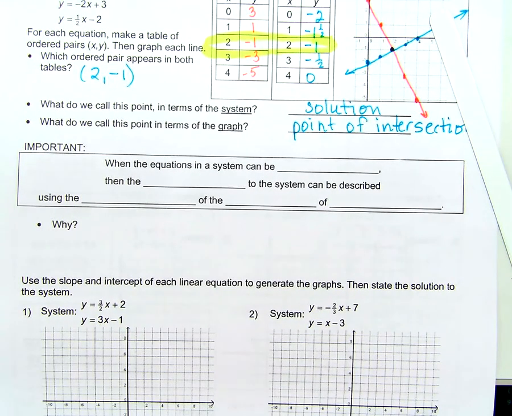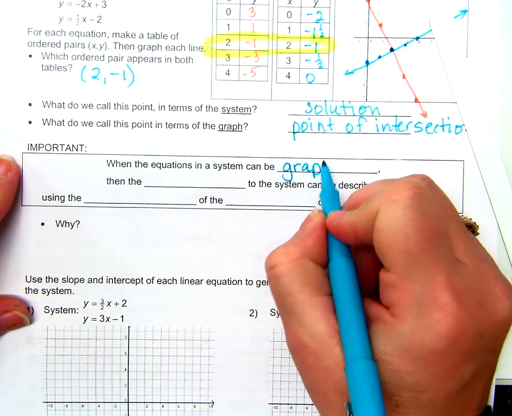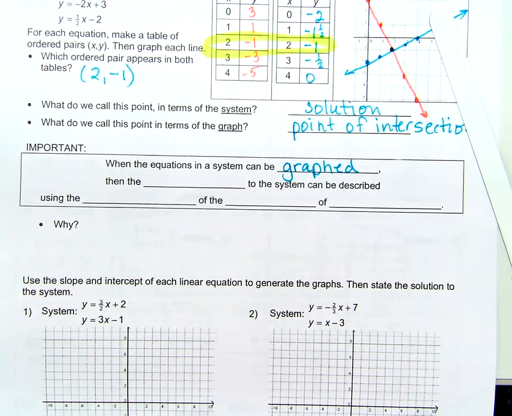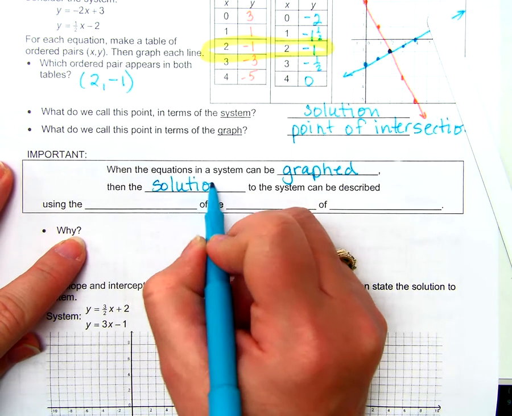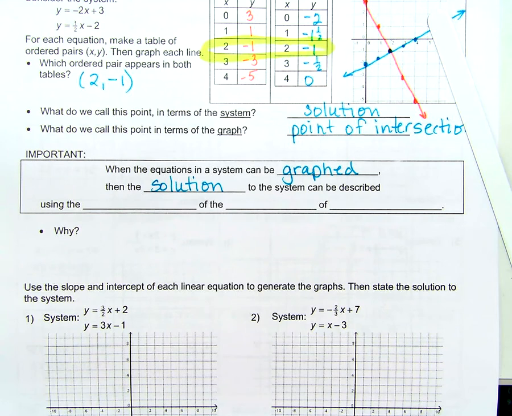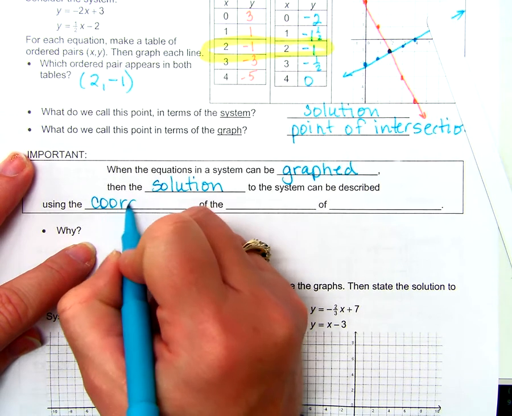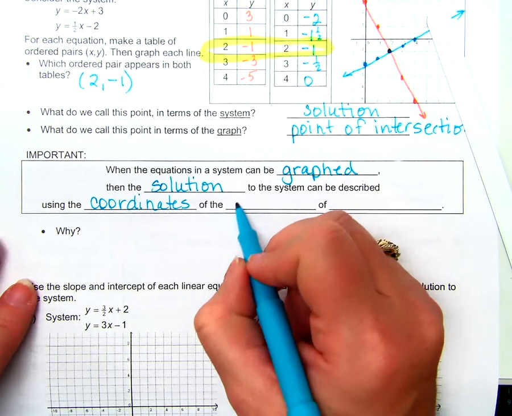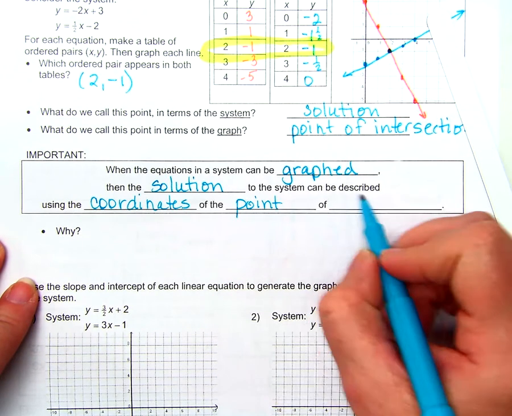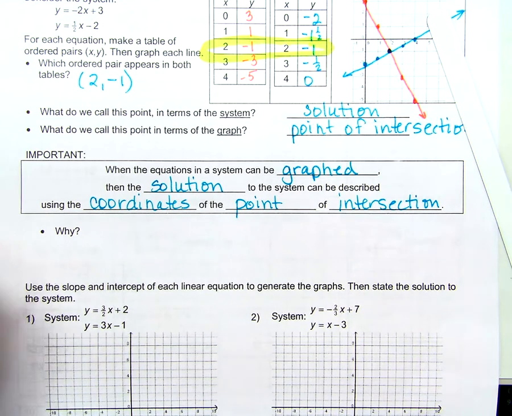When the equations in a system can be graphed, the solution to the system can be described using the coordinates of the point of intersection.